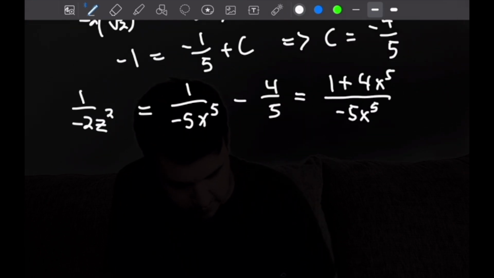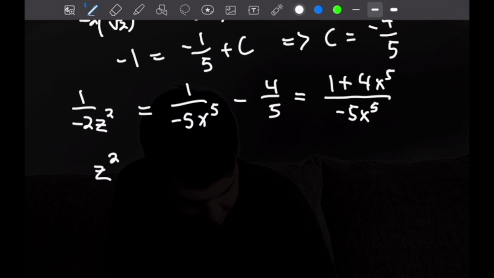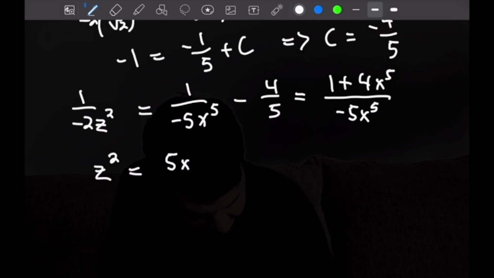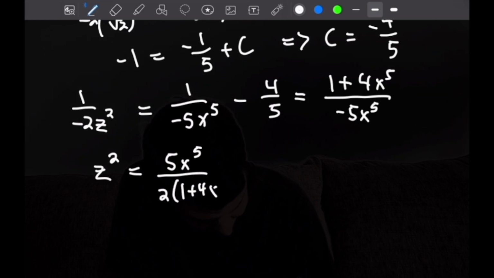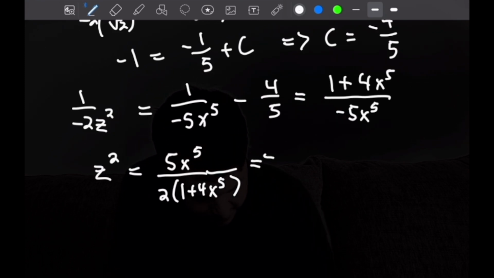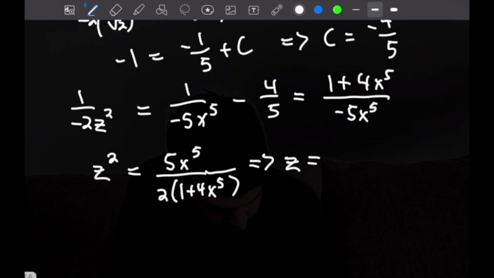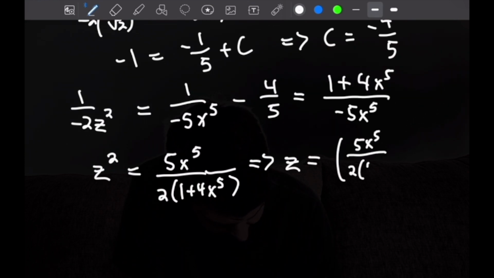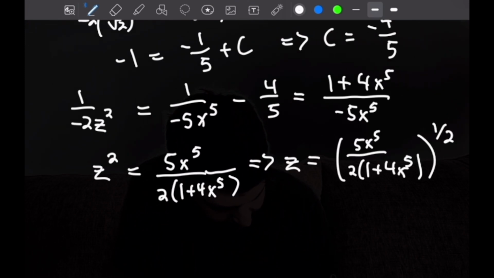That means that after multiplying by negative 2, we would get that z squared is equal to 5x to the 5th over 2 times 1 plus 4x to the 5th. And then we can take the square root of both sides to solve for z. That means that z is equal to the quantity 5x to the 5th over 2 times 1 plus 4x to the 5th to the 1/2 power.